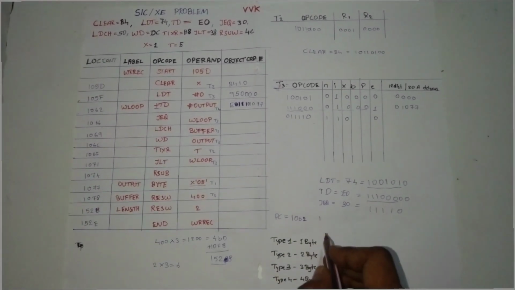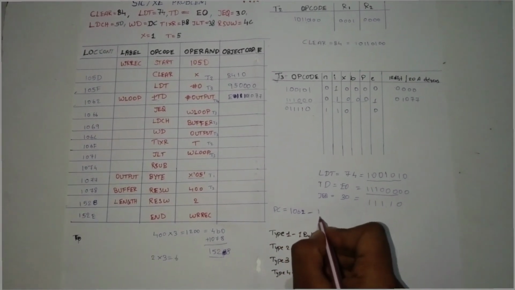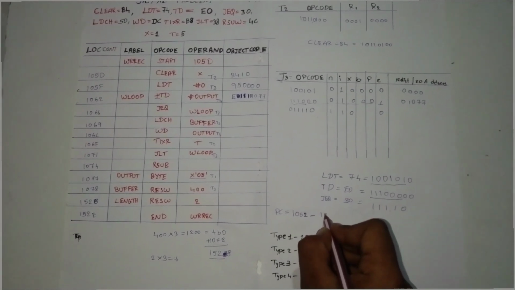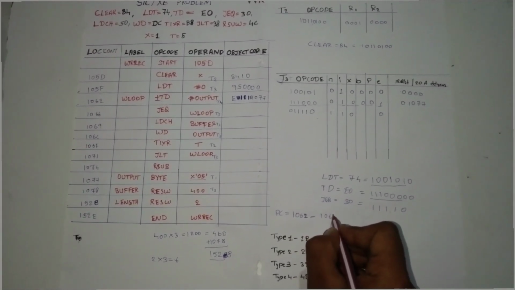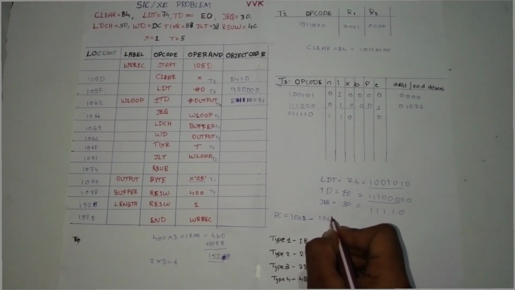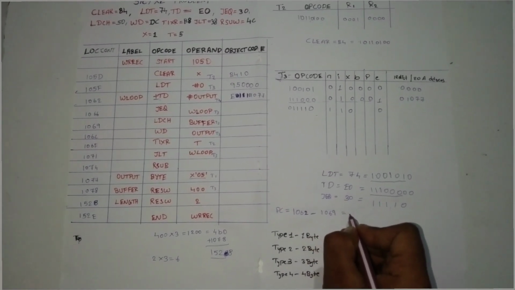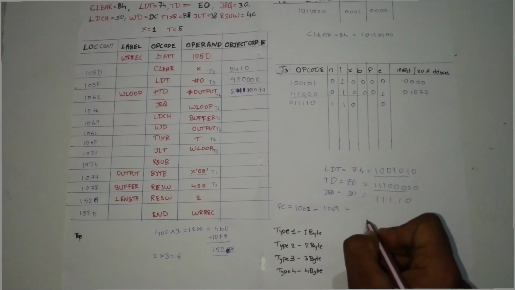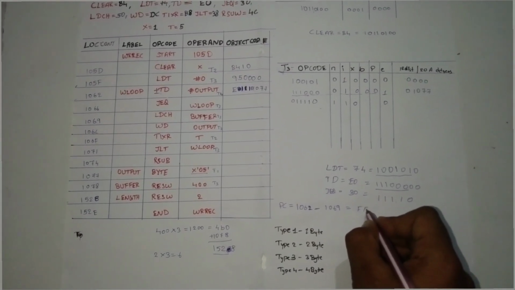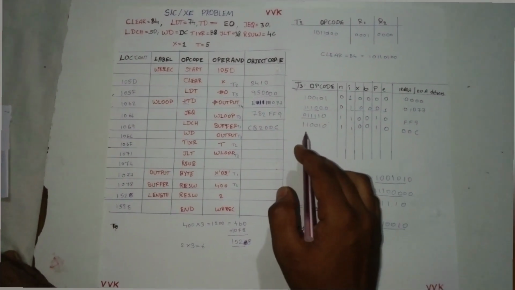So consider that location and subtract the next location counter, that is 1069 minus 106, and by subtracting this we get f9. So f9 is written.